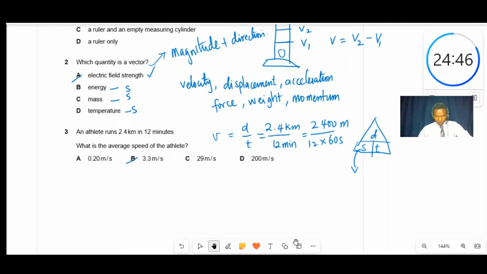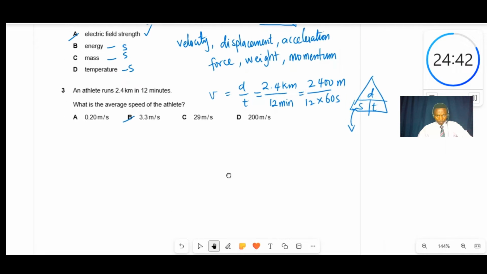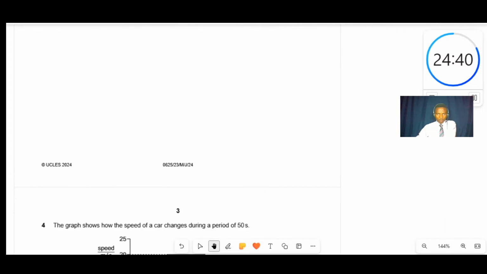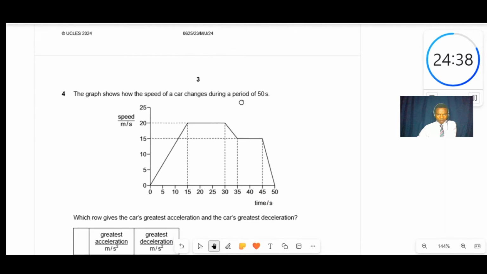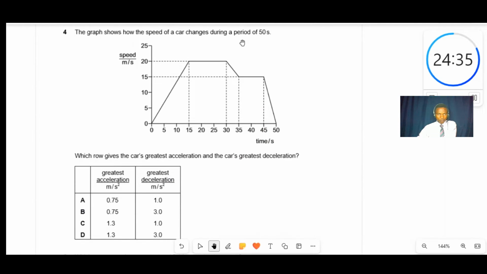So let's move on. All right, question 4. The graph shows the speed of a car during a period of 50 seconds. From here to here is 50 seconds, and the velocity is the vertical part.